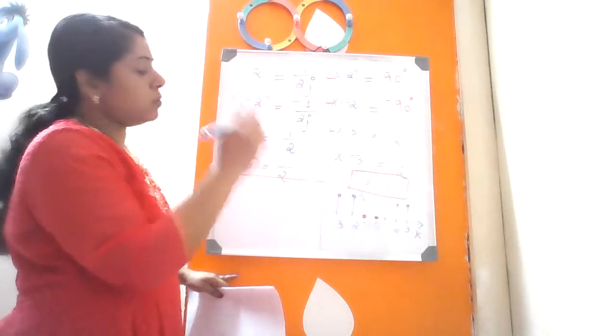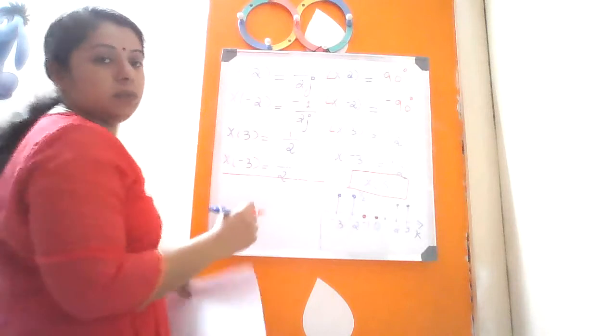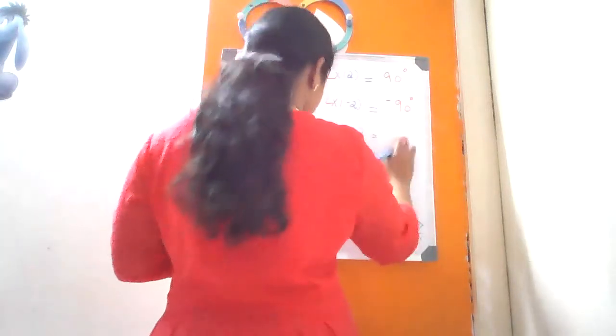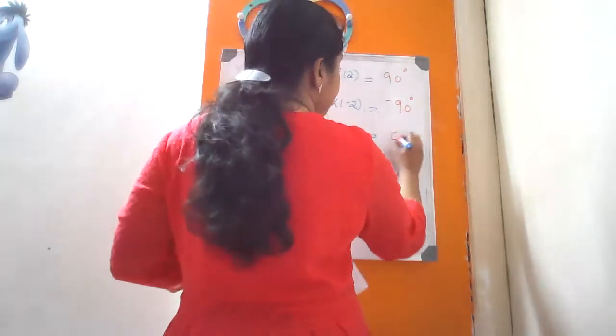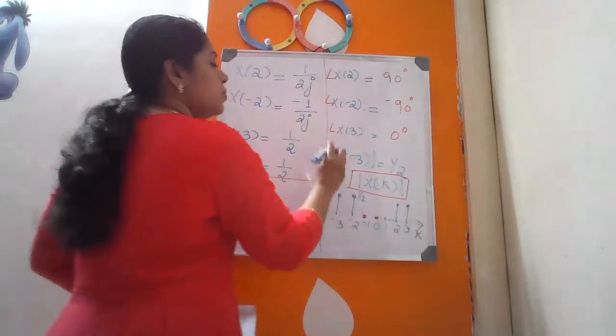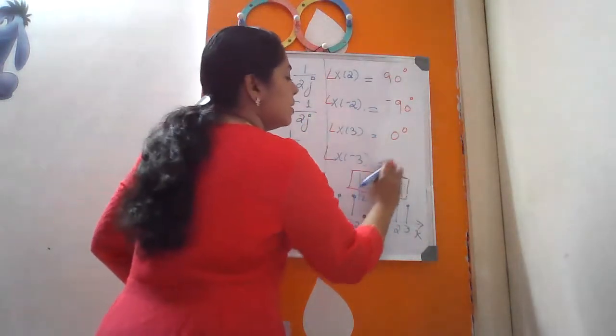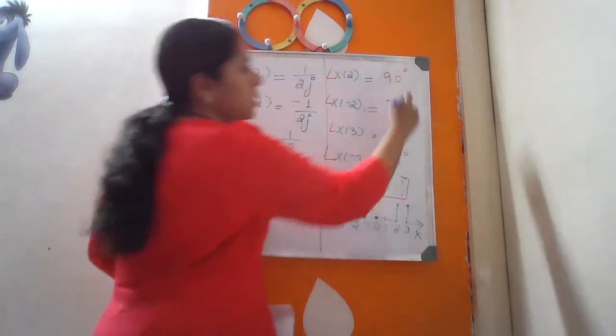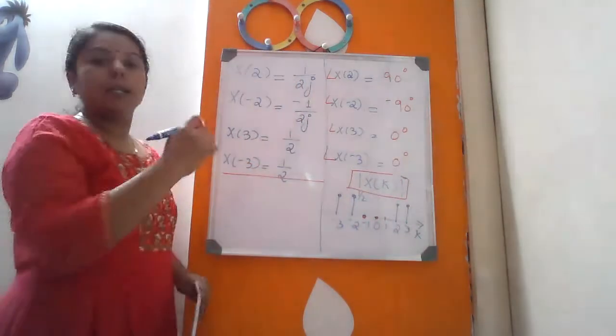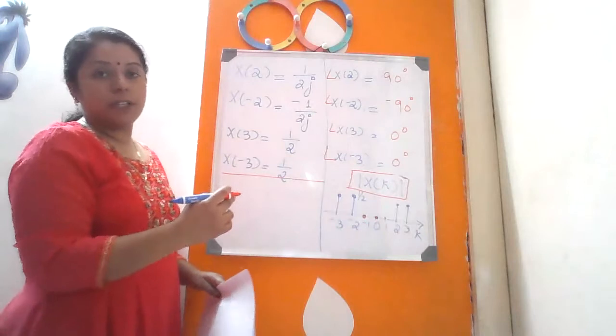The imaginary part is 0, so 0 by 1 by 2, that is tan inverse 0. I'll get it as 0 degrees. Here also I'll get 0 degrees. Okay, so this is how we calculated the angle or the phase spectrum.